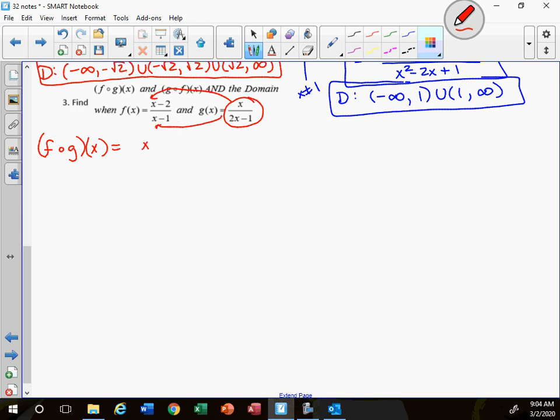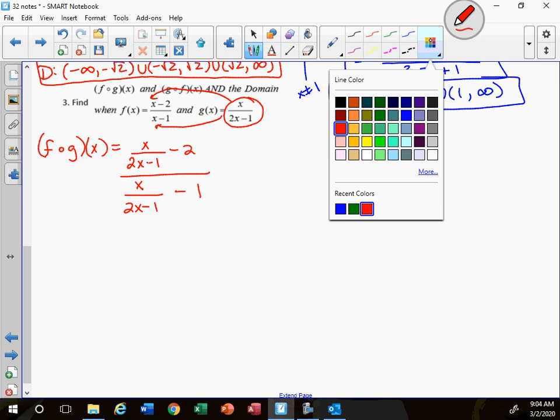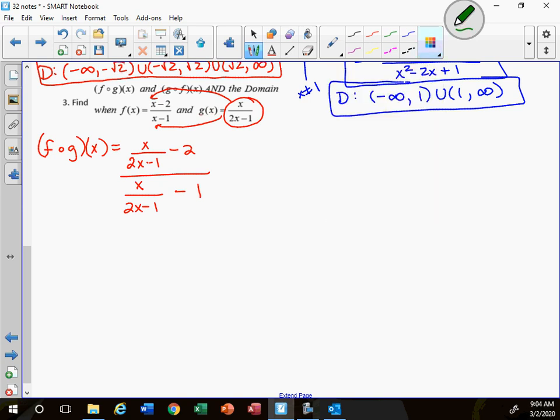So I'm going to have x over 2x minus 1 minus 2 over x over 2x minus 1 minus 1. Everybody okay with just step 1 of plugging it in? What do you think we need to do from here?